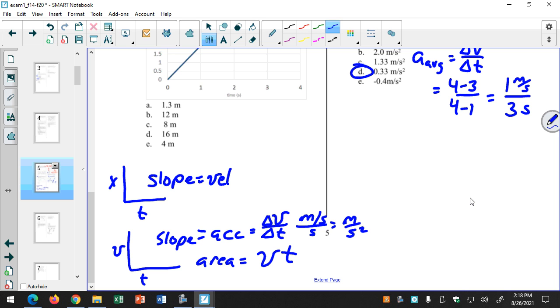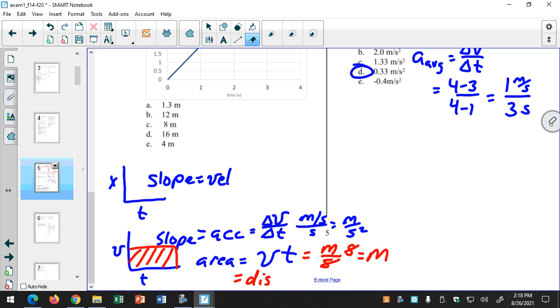So if I'm finding the area, say, of this section, I'm multiplying the velocity times the time. And so what are the units of that? Well, that's meters per second times seconds. Those cancel, and that leaves me with meters. So the area of a velocity versus time graph is equal to, we're going to say distance for now, is equal to our distance traveled.